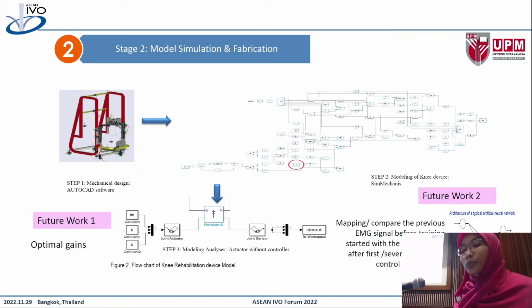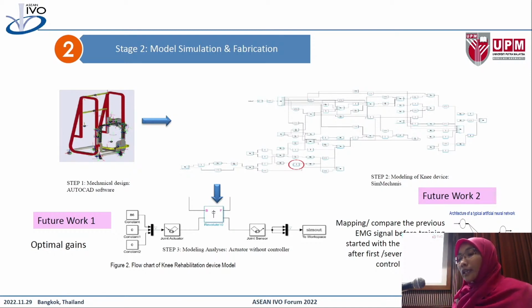For the current research, we use the PID to control the speed and also the angle for the knee joint motions. Therefore, we need to do further work on future work 1, where we need to have an optimal gain. We can use optimization algorithms, or we can use fuzzy logic and so on.